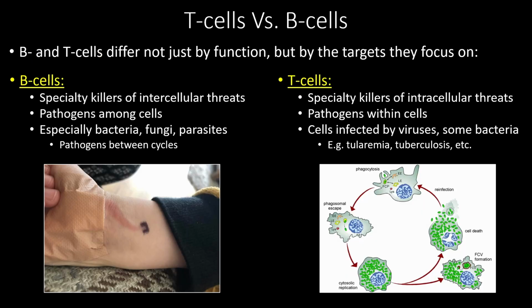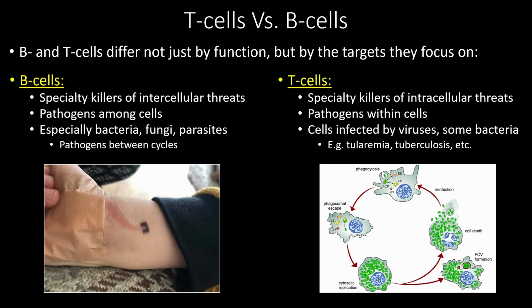Now, these B and T cells differ a lot, not just by function, but also by the targets that they focus on. Okay, so B cells are really good at targeting extracellular threats. Not within a cell, but between cells, in the spaces within your tissues.